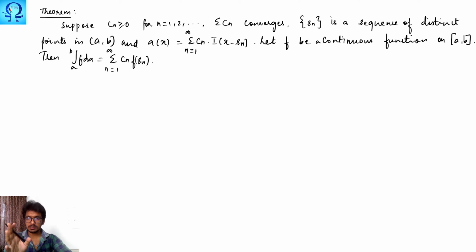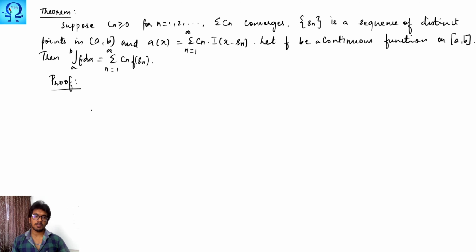But this Sn is a sequence which is taken in the open interval (a, b), and alpha of x is defined to be summation n runs from 1 to infinity Cn I of x minus Sn, right? And f is given to be some continuous function in the interval [a, b], and we'll have to prove integral a to b f d alpha is summation n runs from 1 to infinity cn f of Sn. So this is what we'll have to prove. Okay, let us get into the proof.